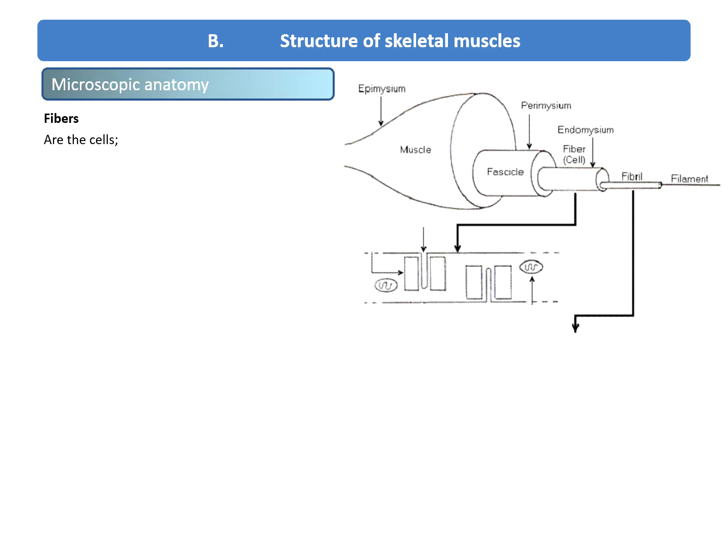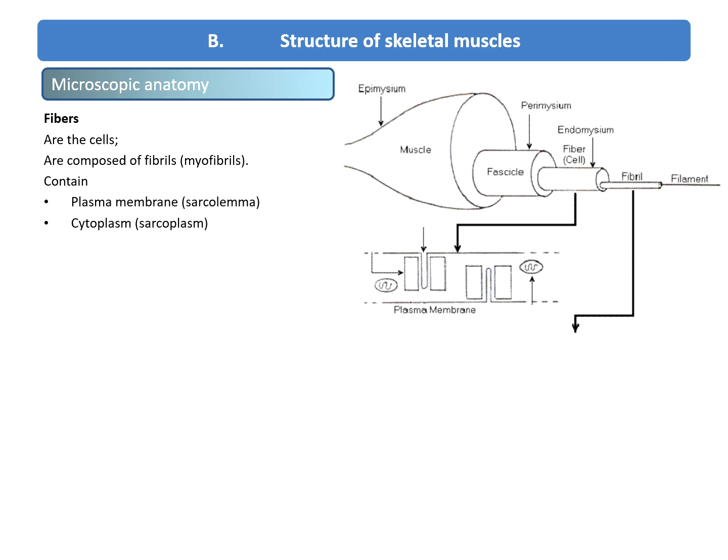Fibers are the cells of muscle. They're composed of fibrils or myofibrils, and they contain the usual cell organelles, including the plasma membrane. In muscles, we call it the sarcolemma, but I prefer to use terms we've already covered.